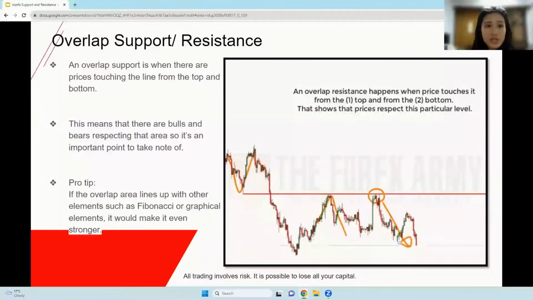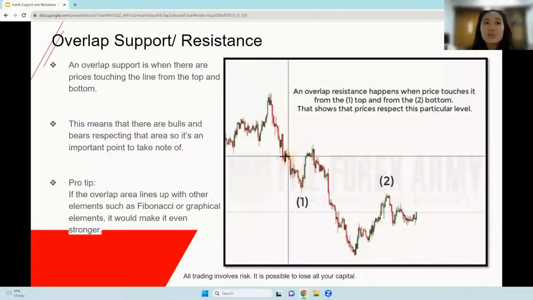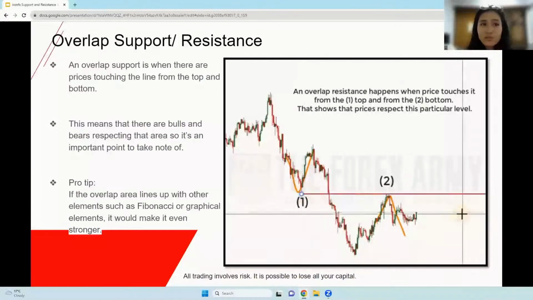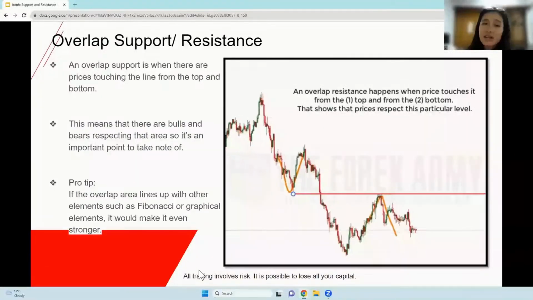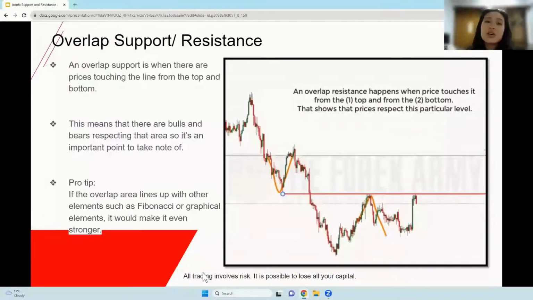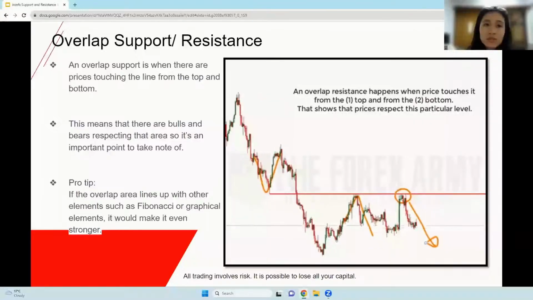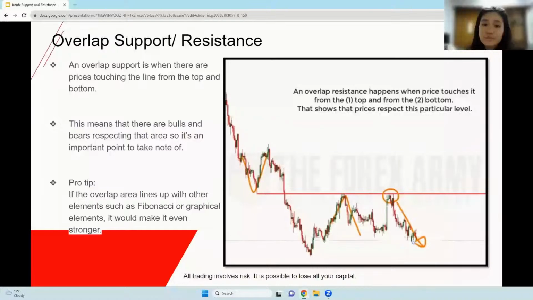The reason for this is that there are bulls and bears respecting that area, and therefore it's an important point to take note of. Once again, if your overlap area lines up with other elements such as Fibonacci or graphical elements such as a moving average or pivot points, for example, it will make it even stronger.